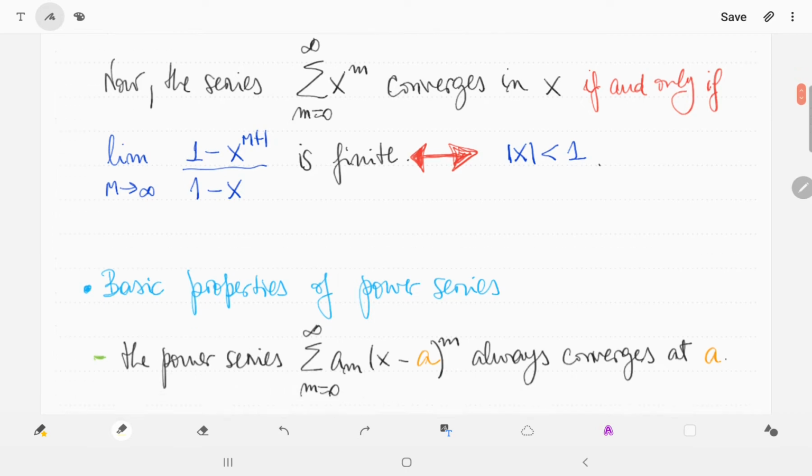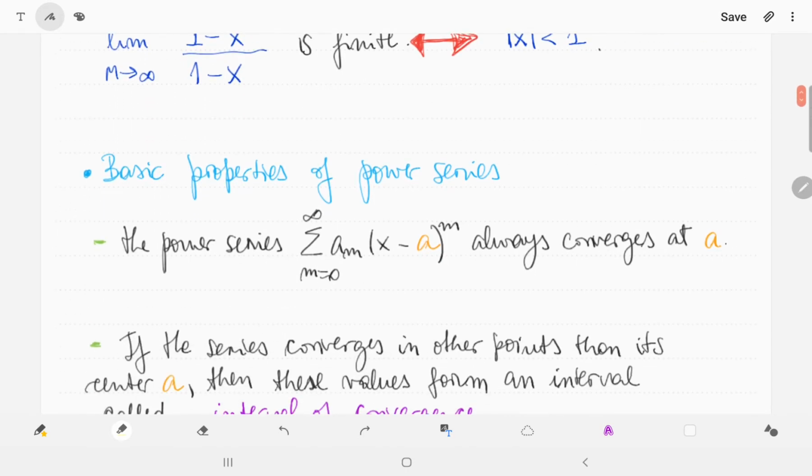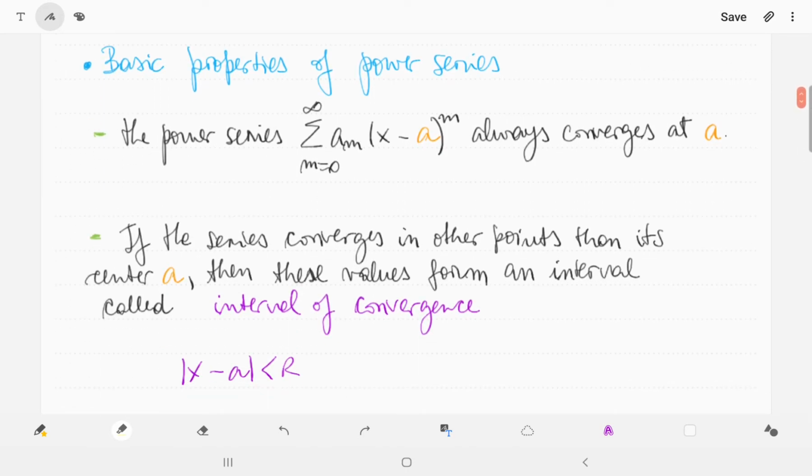And now we are going to see some basic properties of the power series. First of all, the easiest one, the power series always converges at its center, a. It's quite simple to see because if we choose x equal to a, this is exactly 0. So that's the easiest property.